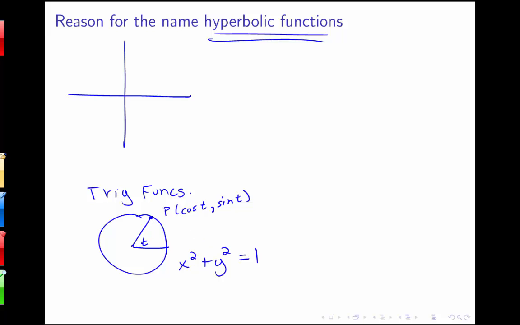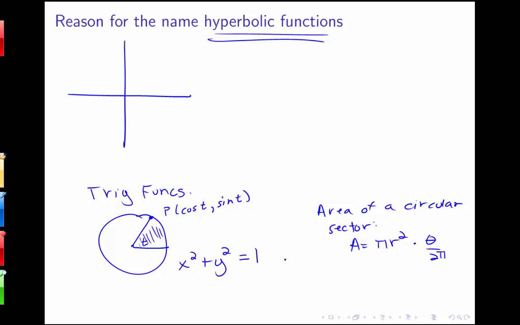Okay. It also turns out that if we use the area of a circular sector formula, remember that the area of a circular sector is pi r squared times theta over 2 pi.